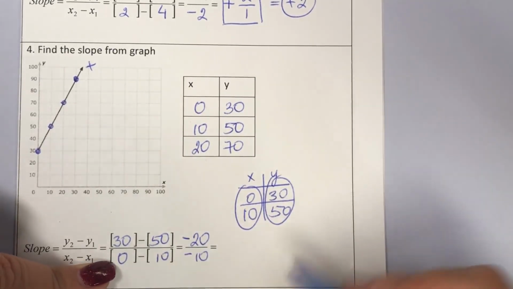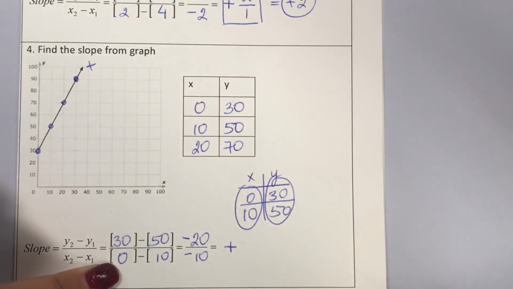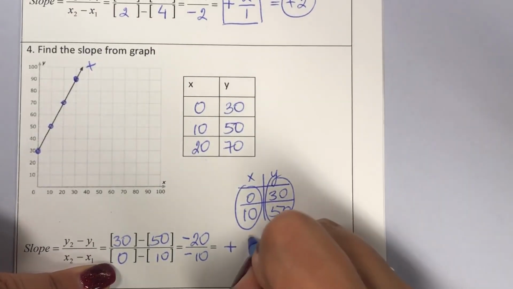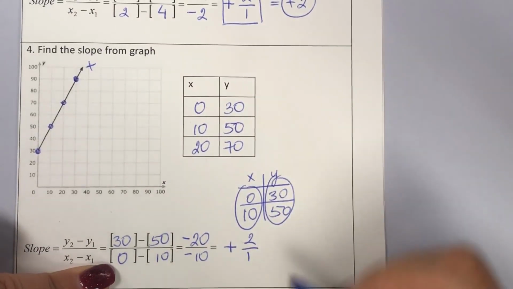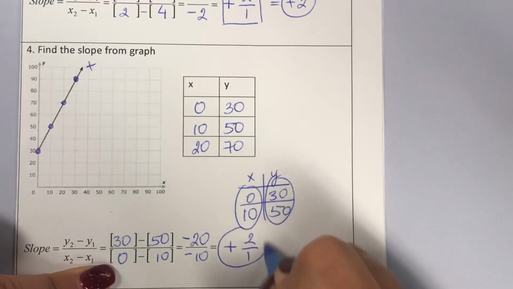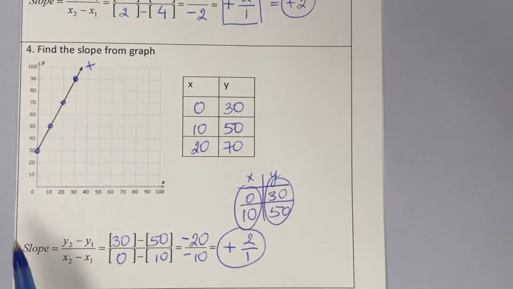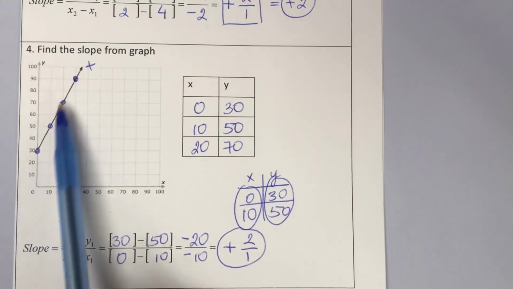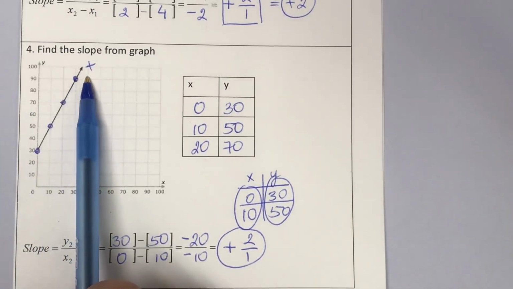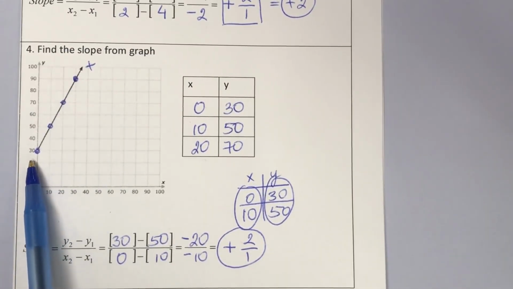In simplifying fractions, negative divided by negative will be positive, and I can divide by 10 to have the ratio 2 over 1. So my slope of the line, or the tilt or inclination, is positive and 2 over 1.